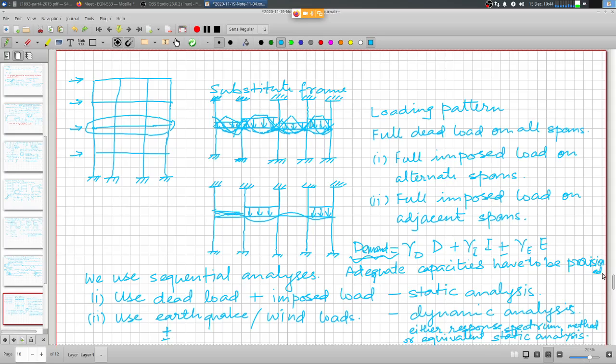Right. So now all set. This is what you do in case of design. So once you do the analysis, you compute the member forces, you add or subtract member forces because of earthquake loading or wind loading to the member forces that are computed using the static analysis for dead load and imposed load. And you can carry out the dead load imposed load analysis using a substitute frame method very quickly, and that should give you the numbers to work with for designing the sections.